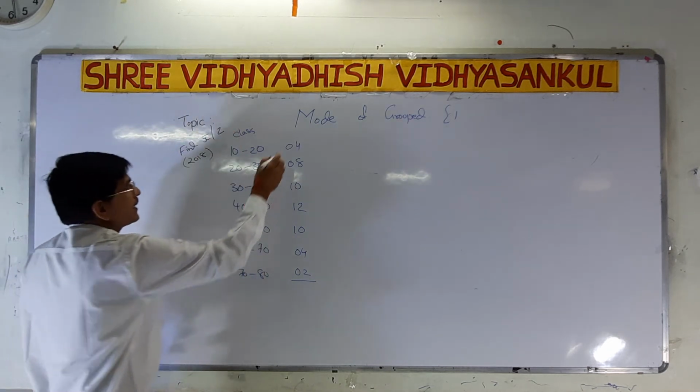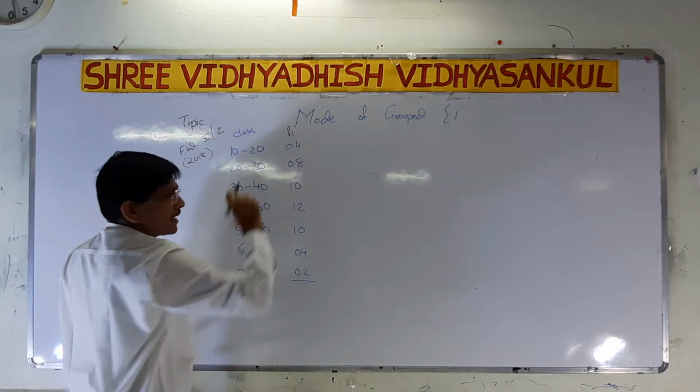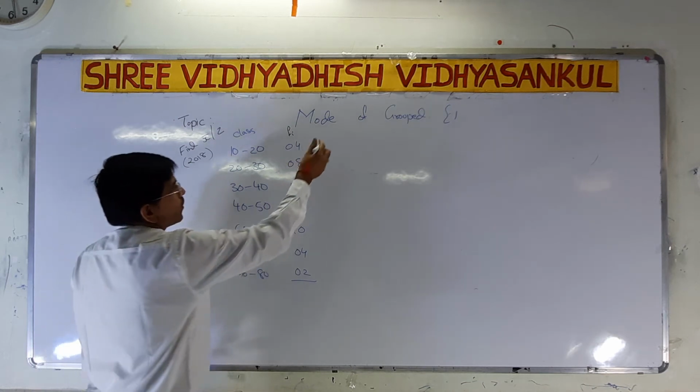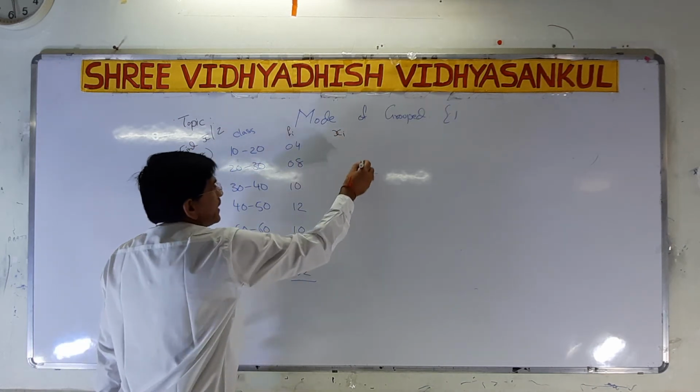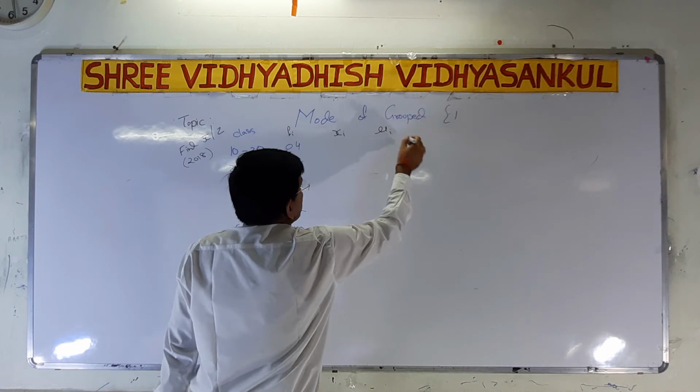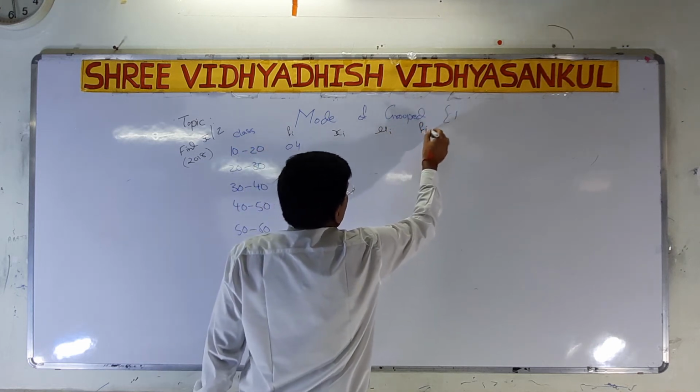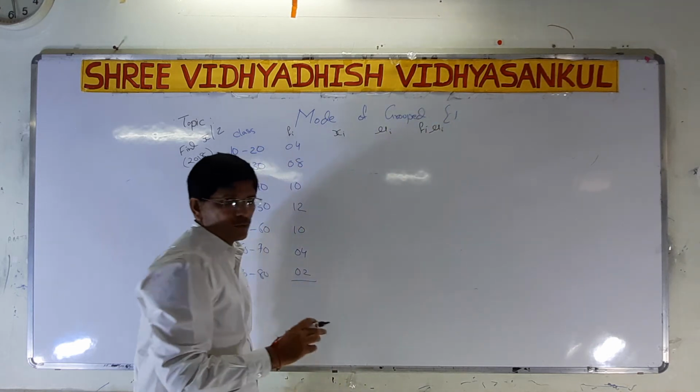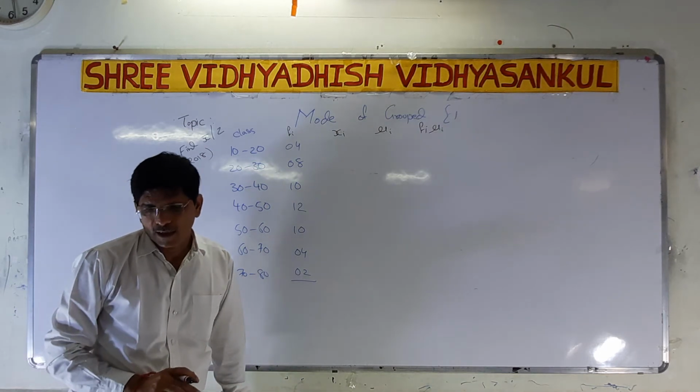Already the class I am writing. Frequency I have to write. Now what do I have to write? Xi and Ui, then Fi Ui, because we have to do it by the step deviation method.